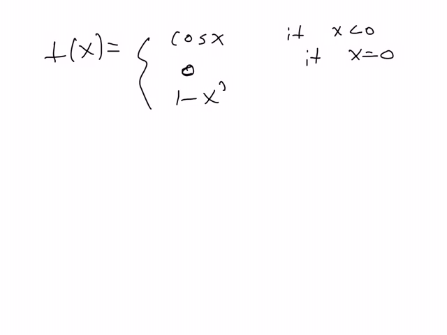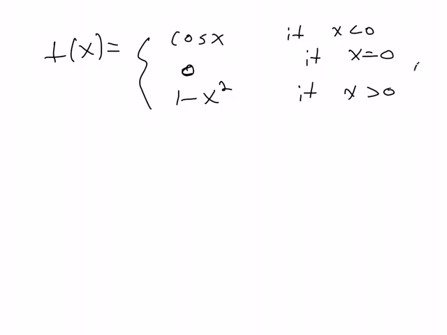F of x equals cosine x if x is less than 0, 0 if x is equal to 0, and 1 minus x squared if x is greater than 0.